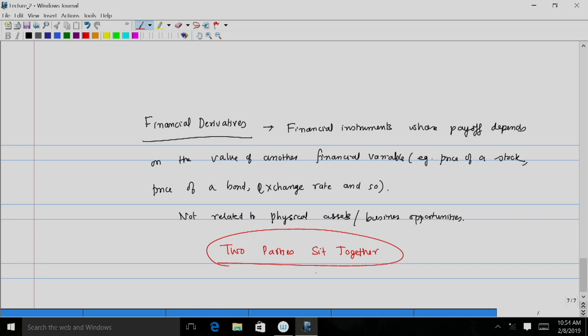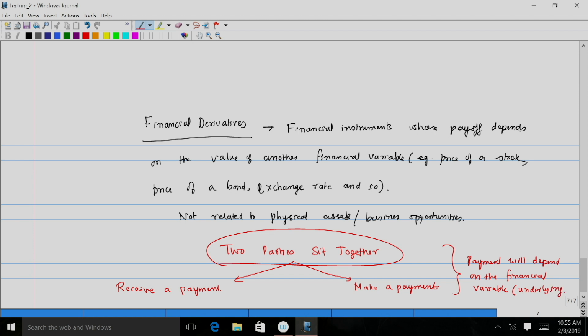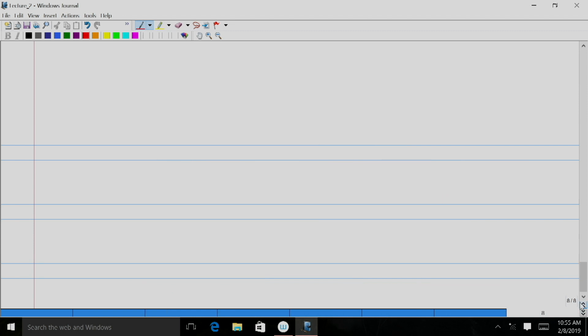And so, of the two parties, there will be one party which will receive a payment and another party that will make a payment. And this payment will depend on the financial variable, which is what is known as the underlying. So, this financial variable on which this price is dependent is something that is termed as underlying, or sometimes called the underlying asset.